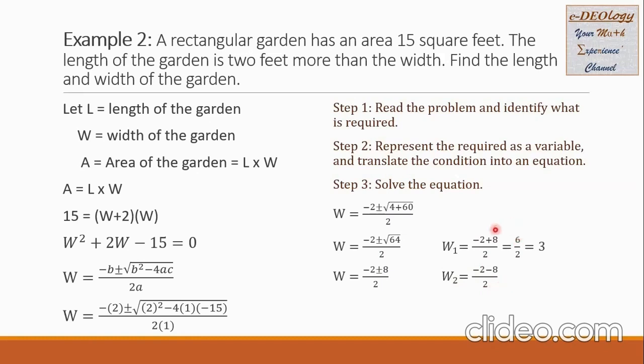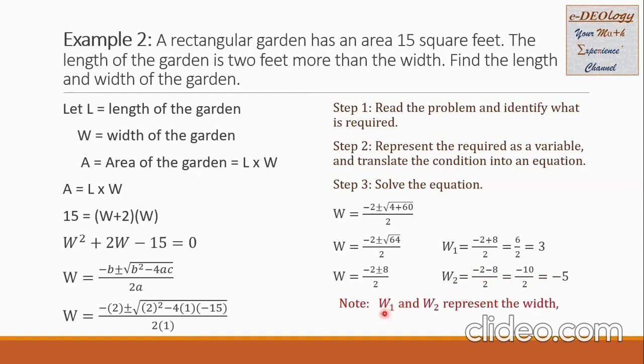And we will simplify further. For the W sub 1, negative 2 plus 8 is positive 6 over 2, and this is equal to positive 3. For the W sub 2, negative 2 minus 8 is negative 10 all over 2, and this is equal to negative 5.